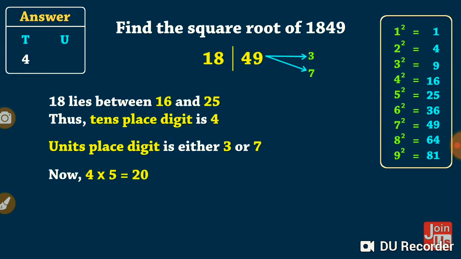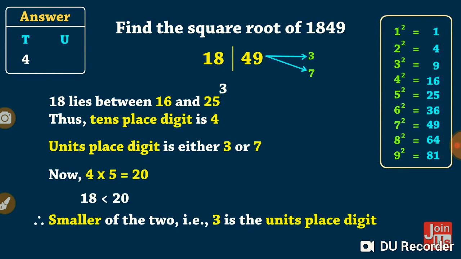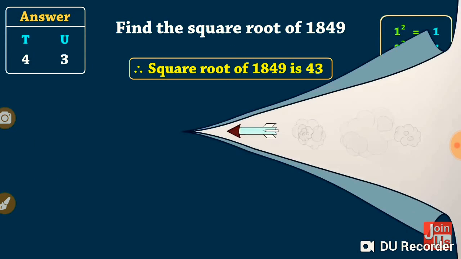Now 4 multiplied by 5 is equal to 20, and 18 is less than 20. So the smaller of the two, that is 3, is the unit place digit. So the square root of 1849 is 43.